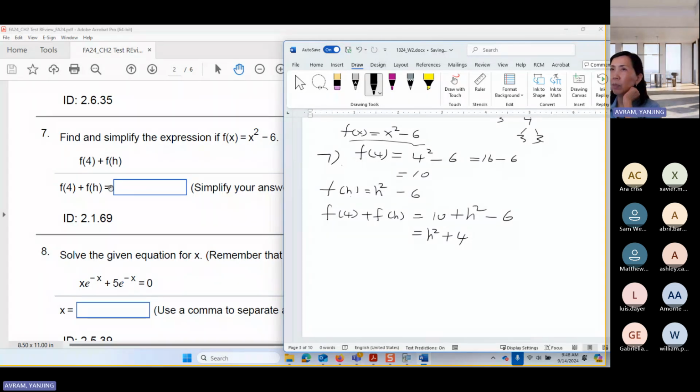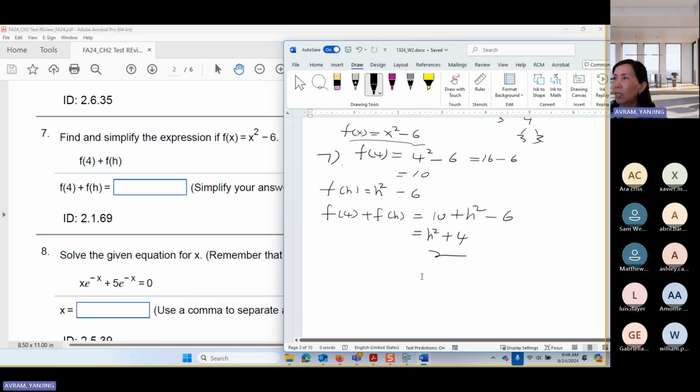Okay, this PDF won't let me write, but the whole thing will be just h squared plus 4. All right. So basically, you just replace the x by whatever the value is inside the parentheses, and then calculate, and then combine the like terms.